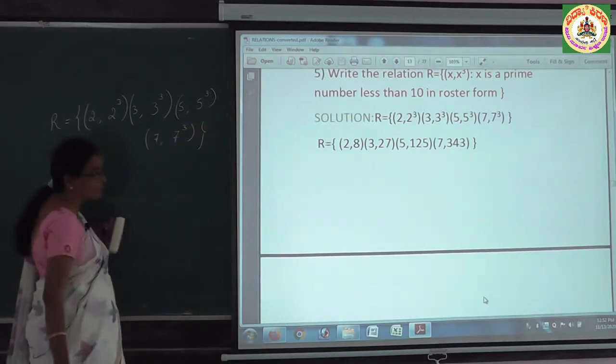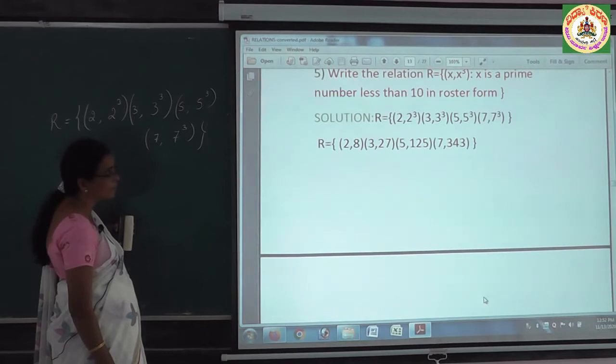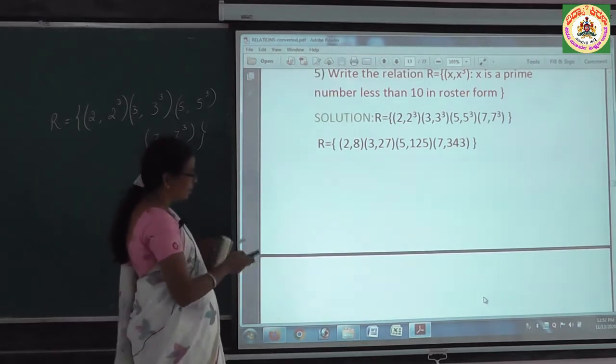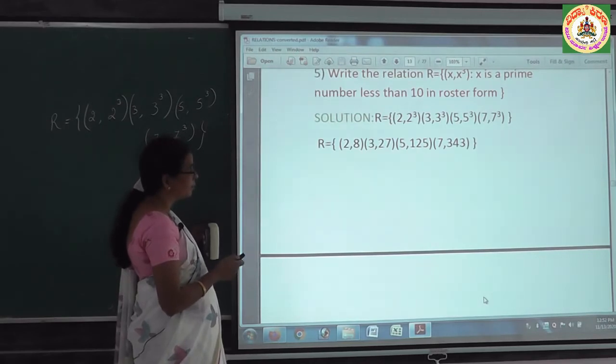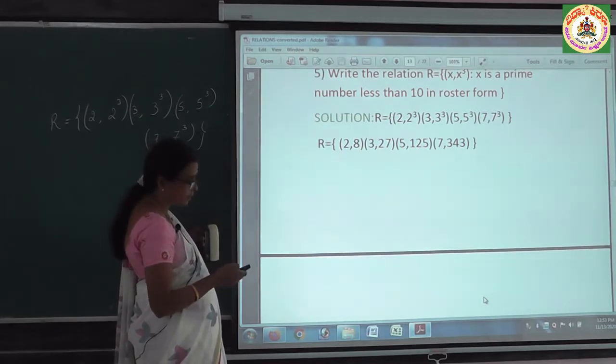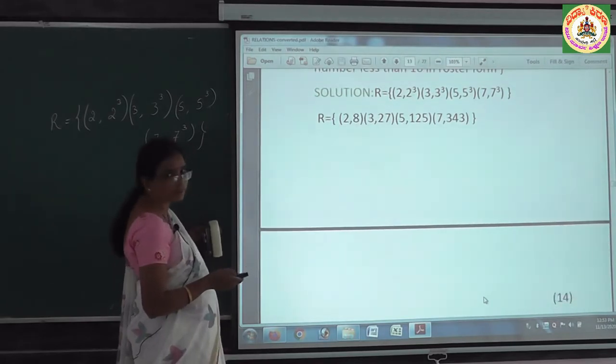We shall stop at 7 because it is given in the question that it should be less than 10. After 7 comes the prime number 11, so I shall stop at 7. Here 2 cube is 8, 3 cube is 27, 5 cube is 125, 7 cube is 343. This type of question is for 1 mark.